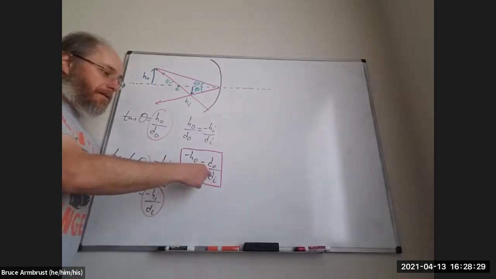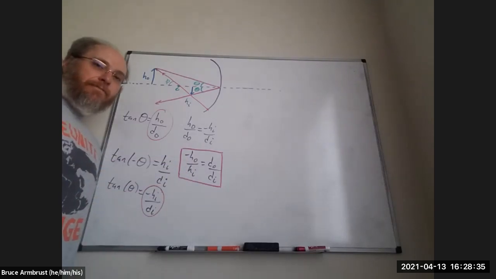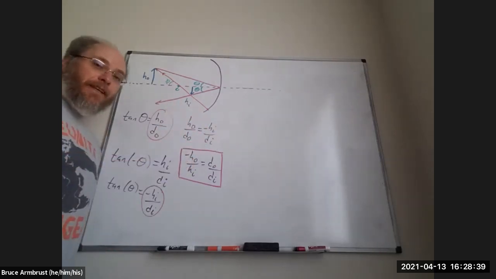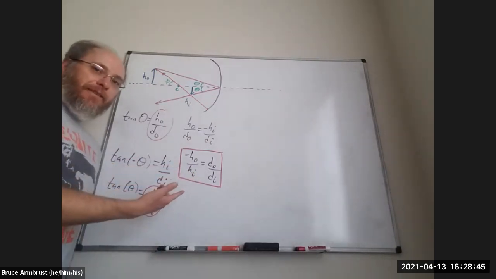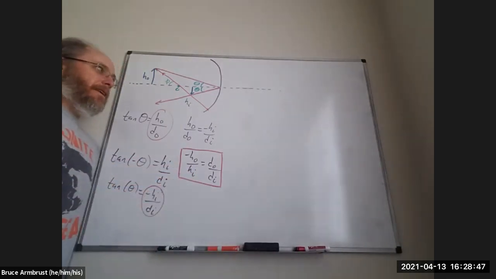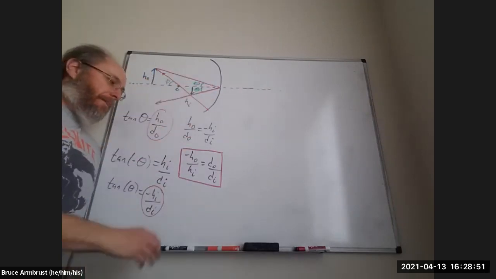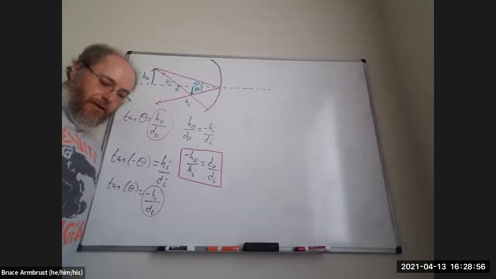So that's going to be -1, which tells us that the ratio of the heights should be 1. Your evil twin is the same size as you are in a flat mirror. So this even holds for flat mirrors. It turns out it doesn't have anything to do with the fact that this is a curvy mirror at all. But we're going to use this when we build another equation.